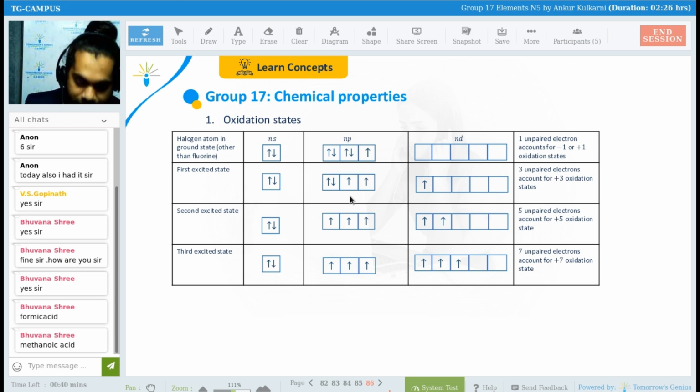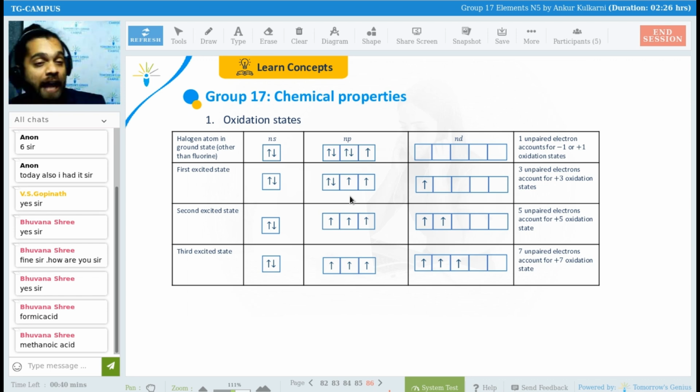Let's go ahead now. Oxidation states. Very interesting, I know, not so interesting, but still we have to do it. We will finish this chapter soon. It is already the fifth lecture. I guess two or three more lectures, then this will be finished.